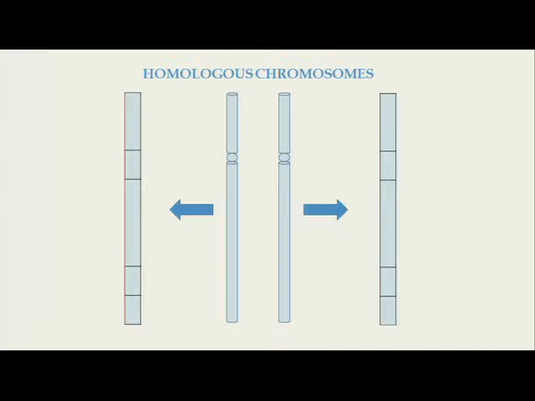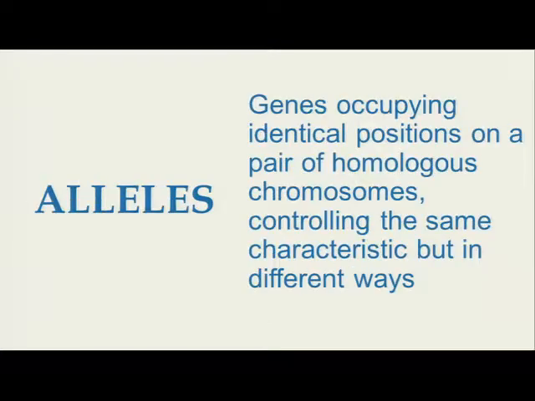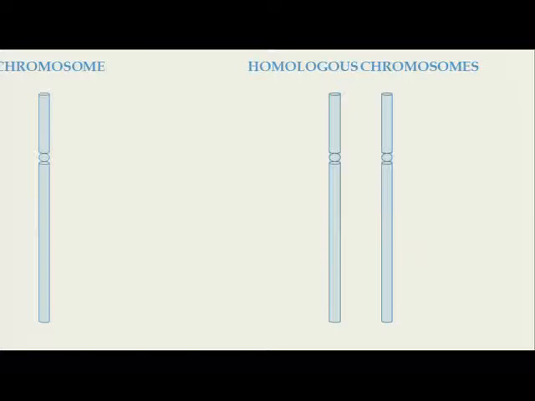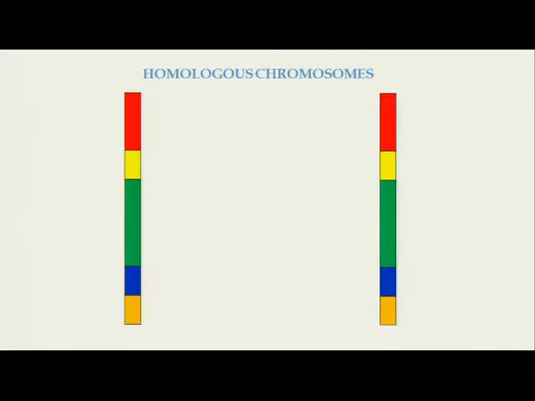Bear that in mind if I return to the concept of alleles: genes occupying identical positions on a pair of homologous chromosomes, controlling the same characteristic but in different ways. It's a very important concept to master. I carry on with that because basically, to my mind, that forms the foundation of solving genetic problems.